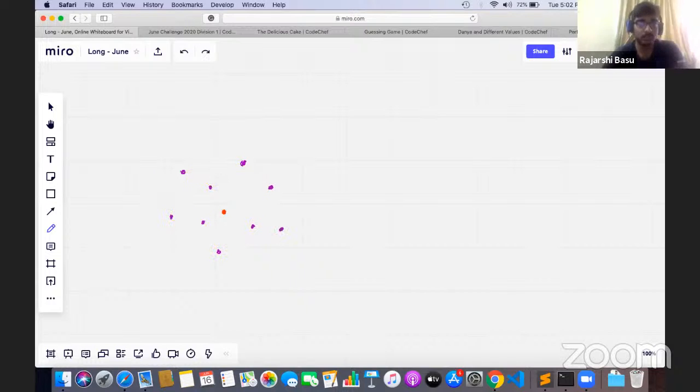Oops, wait, the last line was wrong. Yeah, so in this case there is only one layer. Now you could have also made the layers like this.